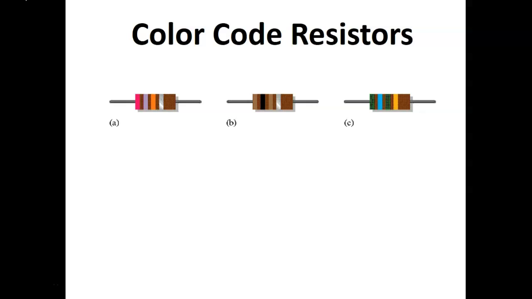So what that would look like physically should be 10 times 10 to the 1, which would be 100 ohms plus or minus 10%. To find the 10% tolerance, you're going to go to your number. You're going to know that your decimal is ending here and move it forward 1 place.